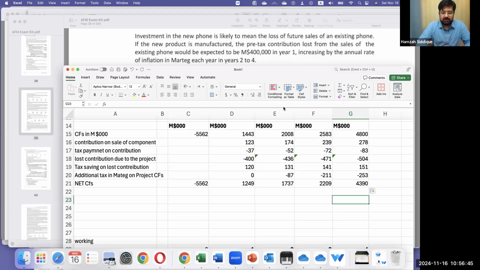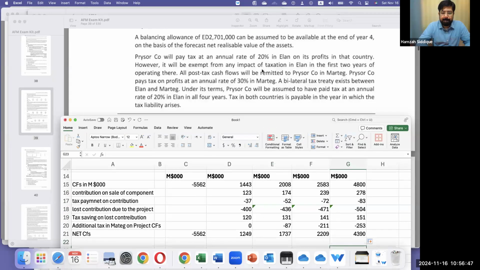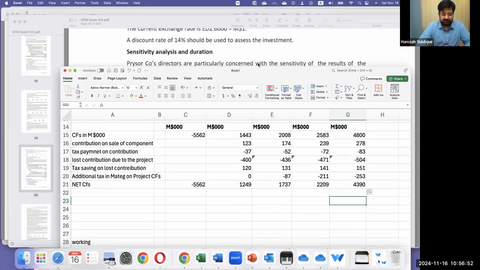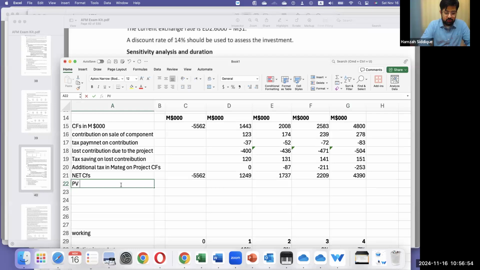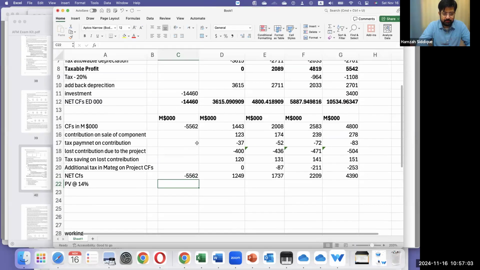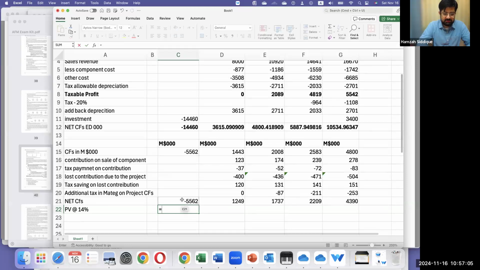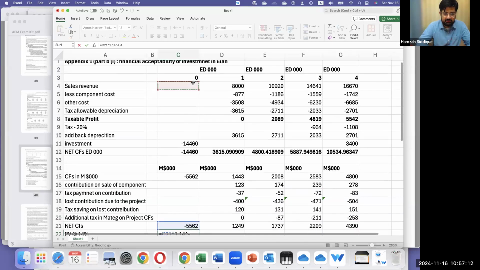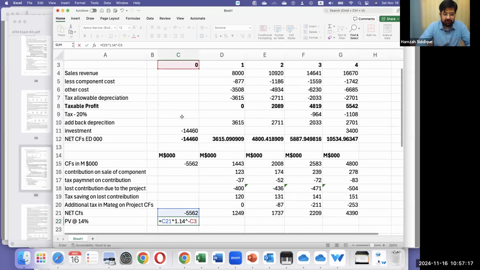Now, what is the cost of capital? The 14% discount rate. So present value at the rate of 14% is equal to this into 1.14 raised to power minus, we linked it with the number of year.